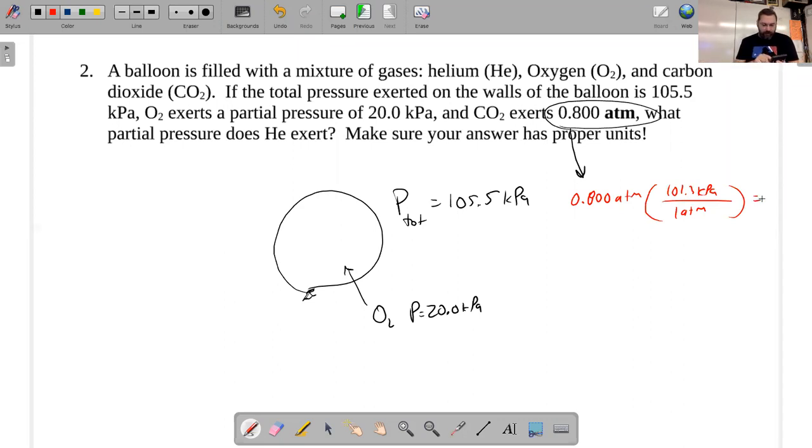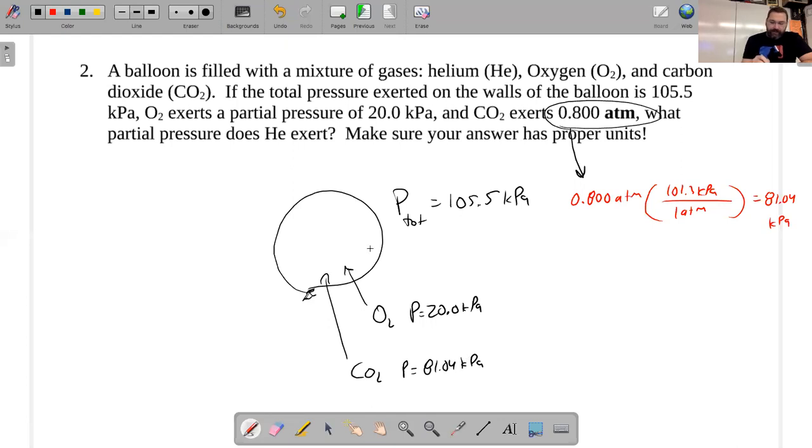If you take 0.8 times 101.3, I'll leave extra significant figures here, but we'll round to 3 at the end, 81.04 kilopascal. So CO2 has a pressure of 81.04 kilopascal.